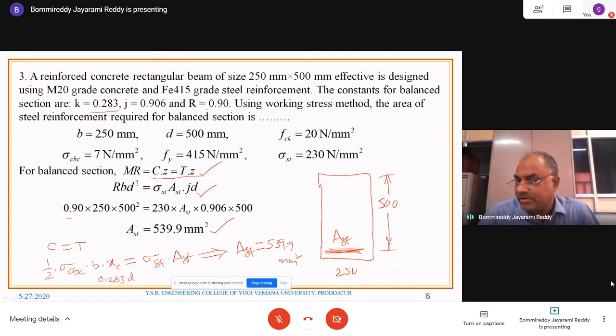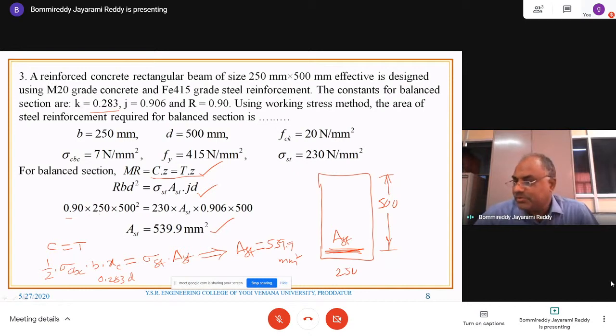You need not go for the R value or J value at all, because the moment of resistance is governed by both concrete and steel, and at that time both steel and concrete reach their permissible values. So C is equal to T, and accordingly you can use this formula for computing the area of the steel reinforcement. So in this way you can also do it.